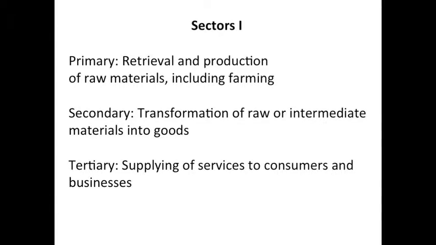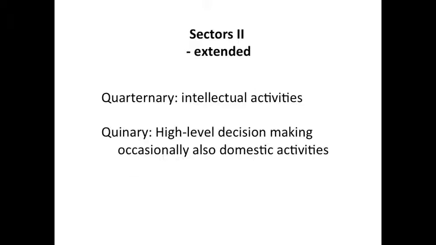Secondary, transformation of raw or intermediate materials into goods. Tertiary, supplying of services to consumers and business. And then we talked about it, that is something more the future, for analytical terms, these intellectual activities and high-level decision-making, and as well this area of domestic services.